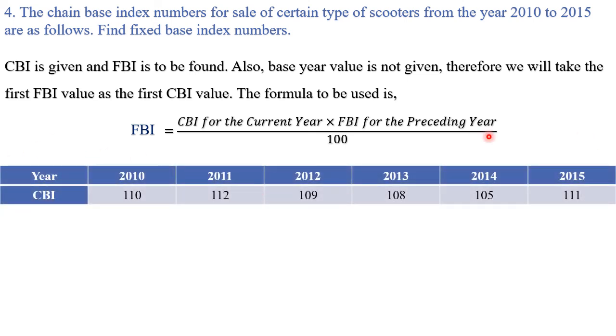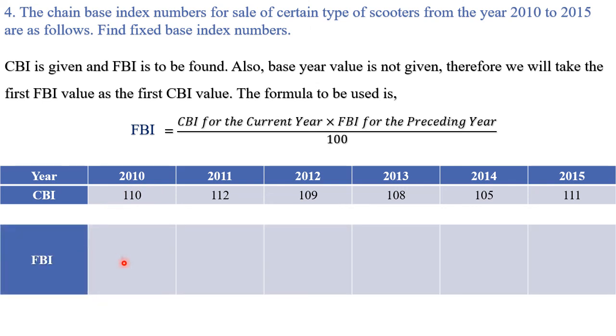Now as you can see the data here, this is the CBI value for the year 2010. What I'm going to do is just take the same CBI value here as the first FBI value. Simple as that. Nothing fancy, just take the first CBI value as the first FBI value. Next, this 112, the current CBI, will be multiplied with the previous FBI and divided by 100.